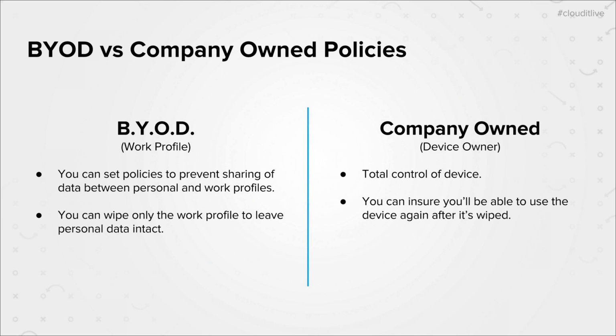And one of the main things that we get all the time is when people ask, hey, if I bring my device in, are you going to have the ability to wipe my whole device, or can you just wipe off my work data? Prior to Android for Work, you only could wipe the entire device. Now with Android for Work, you can wipe out just the work profile, and it will leave the personal data intact.